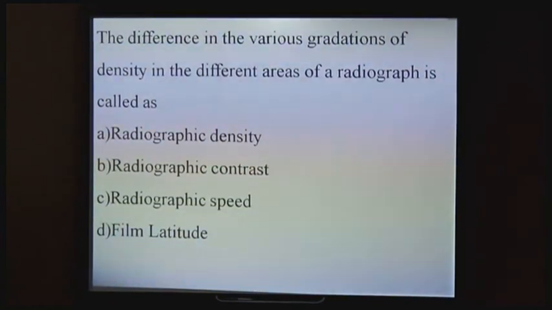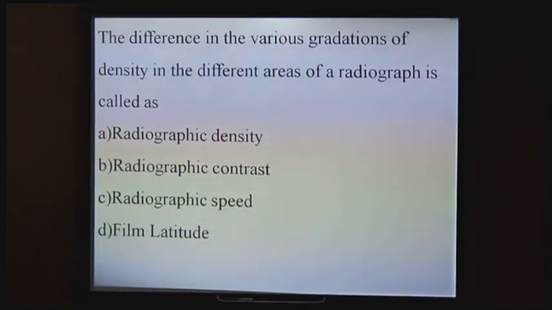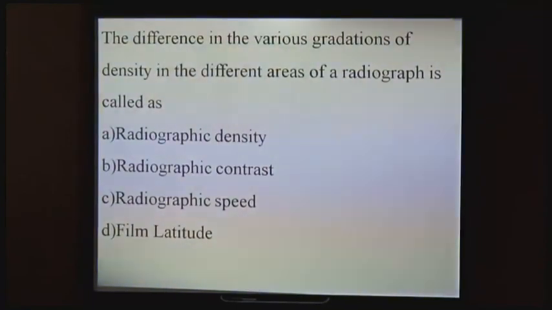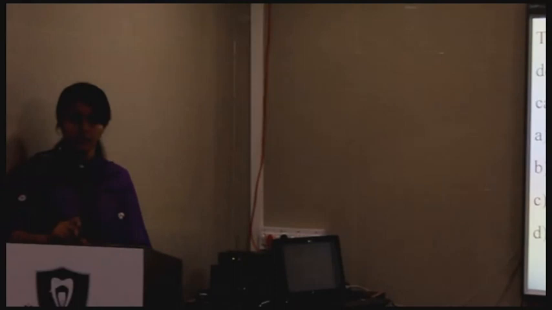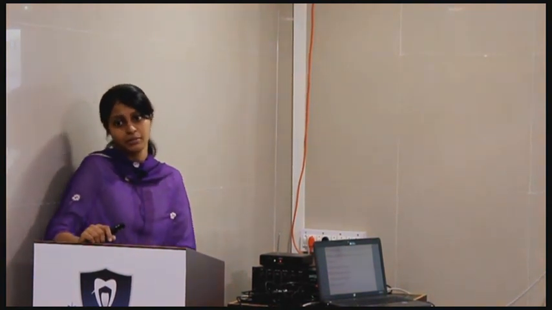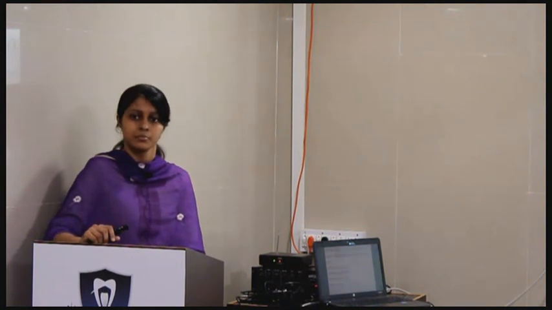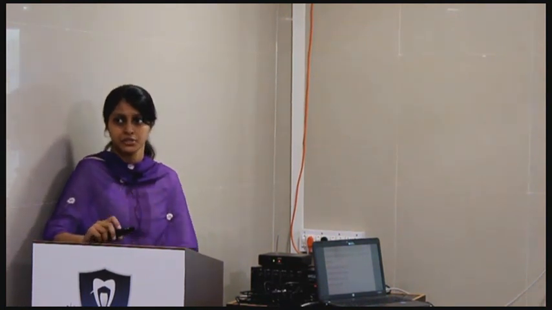The differences in the various gradations of density in the different areas of a radiograph is called as contrast. You must know these: radiographic density, contrast, speed, film latitude, film noise. All these have definitions.